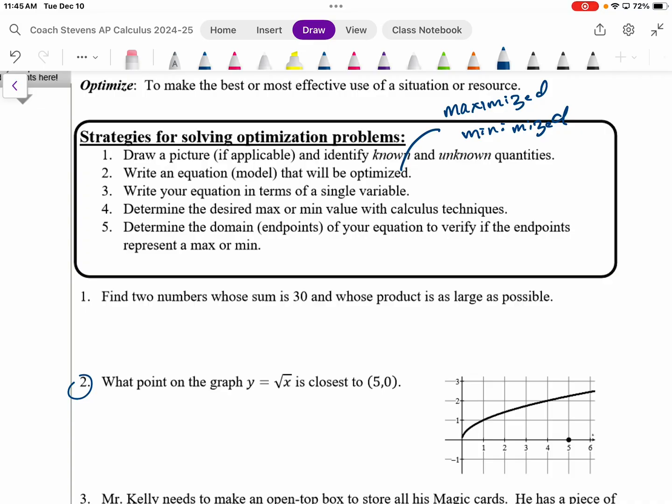Once we get done with rewriting, then we do our derivative, figure out our x values where a max or a min could occur, test it, and then determine the domain or the endpoints of your equation to verify the endpoints represent a max or min. So that pulls us back to when we were testing on a closed interval, and we're testing the a and the b values as well with the potential critical points.